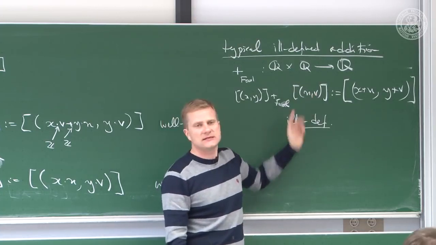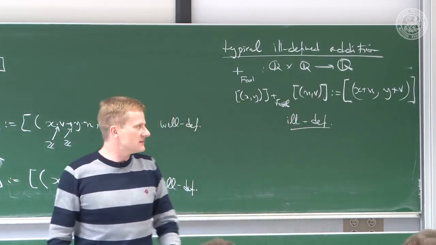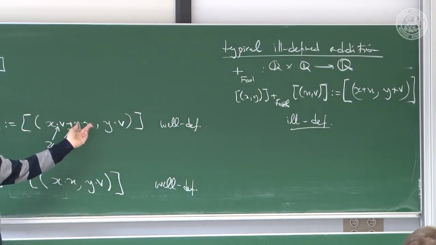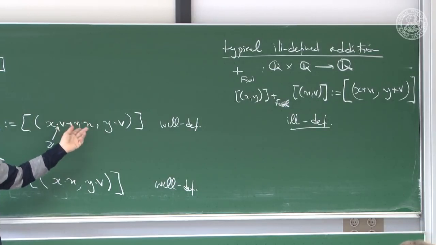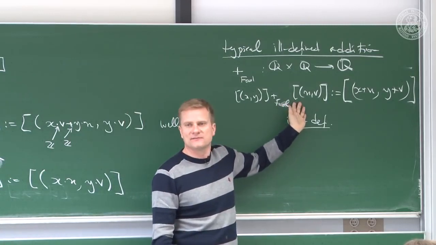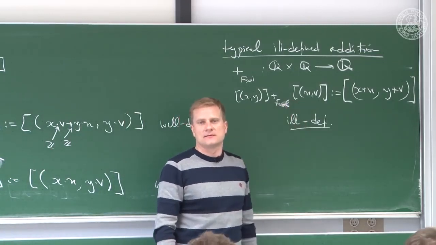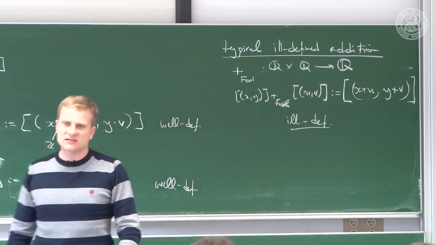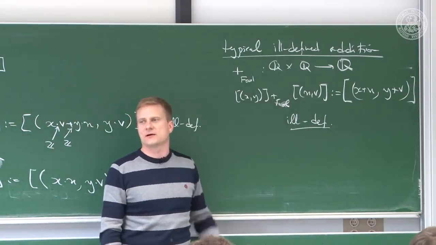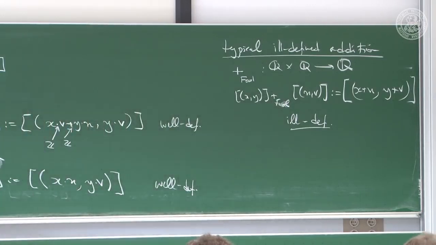So this is the reason why we insist on using this complicated rule for addition of fractions. It's not because that more corresponds to our intuition about cakes and dividing cakes. It's because this here is simply ill-defined. There are always attempts to simplify the school curriculum, but this will never come up. It's simply ill-defined.